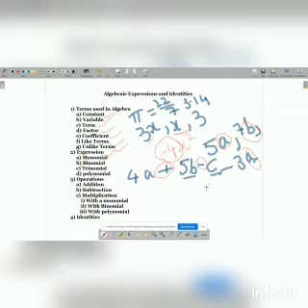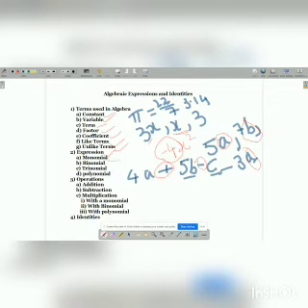Based on the number of terms present in your expression, expressions are divided into monomial, binomial, trinomial, and polynomial. Let us see one by one. Monomial.